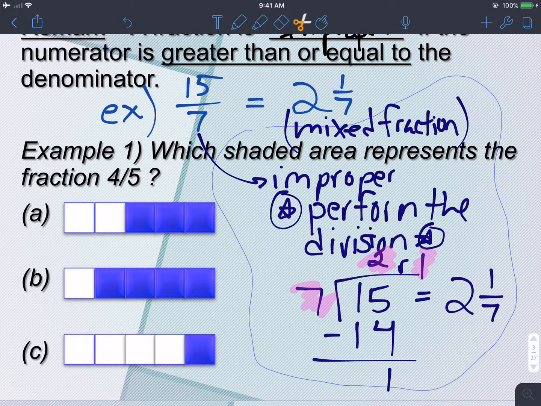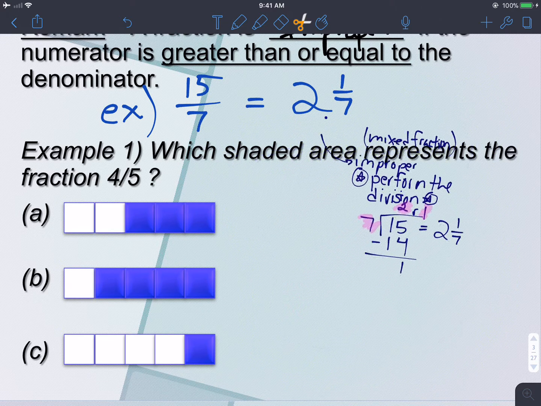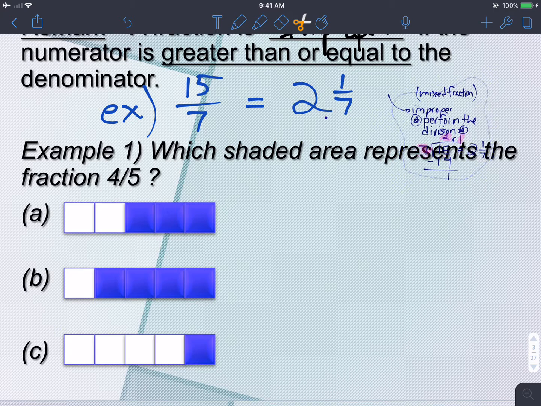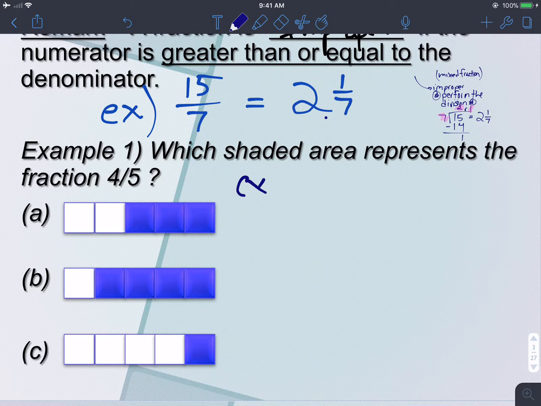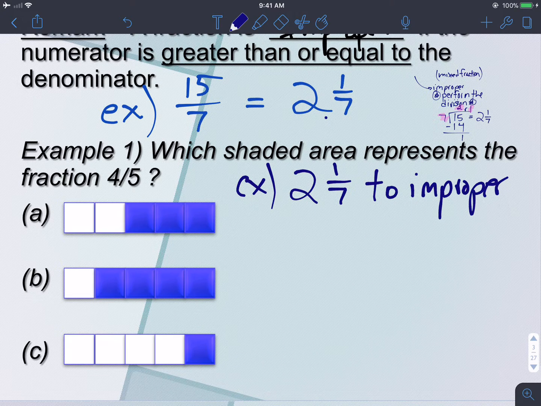Let's say I wanted to go the other way, as long as we're talking about it. 2 and 1/7 to improper. All right. Multiply the whole number by the denominator.